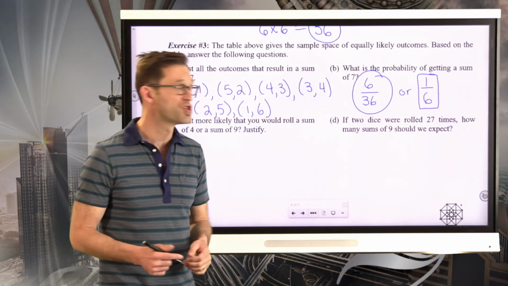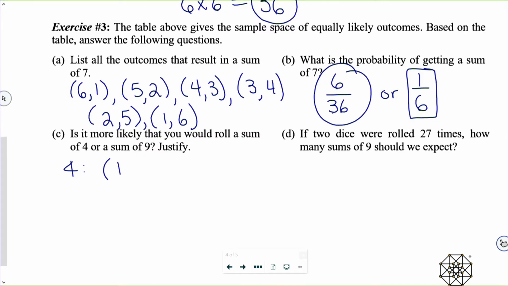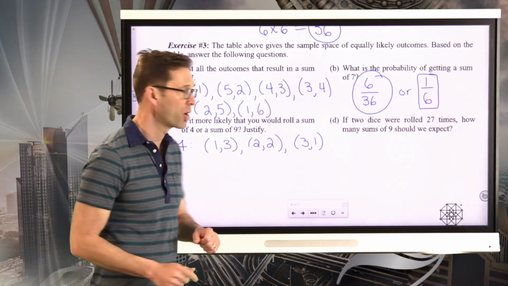All right, well, let's just come up with all the outcomes that give you a sum of 4. And what would those be? That would be a 1 and a 3, a 2 and a 2, and a 3 and a 1. There are no other ones that when I add them together are going to give me a sum of 4.